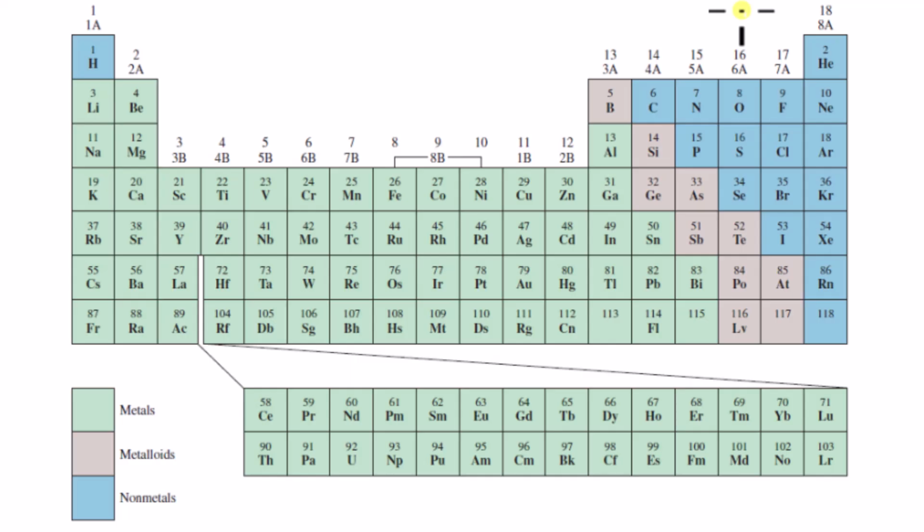What's special is that this alignment in properties happens when you order the elements based on a certain property that on the surface wouldn't necessarily have anything to do with chemical and physical properties. So when they were first discovering elements and trying to organize them, they originally organized the elements based on atomic mass.